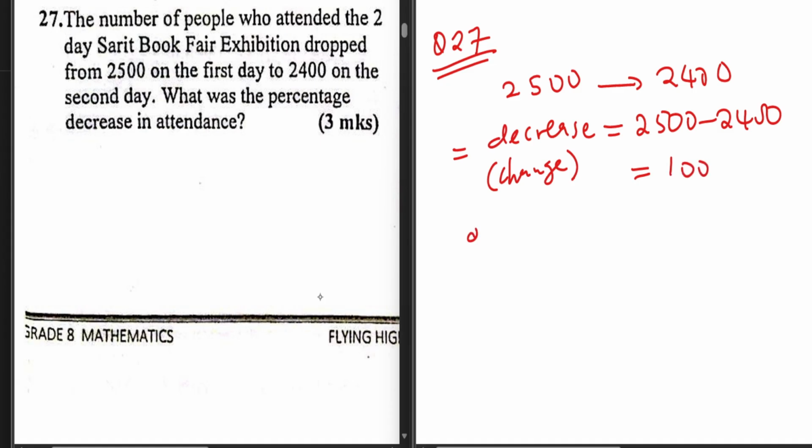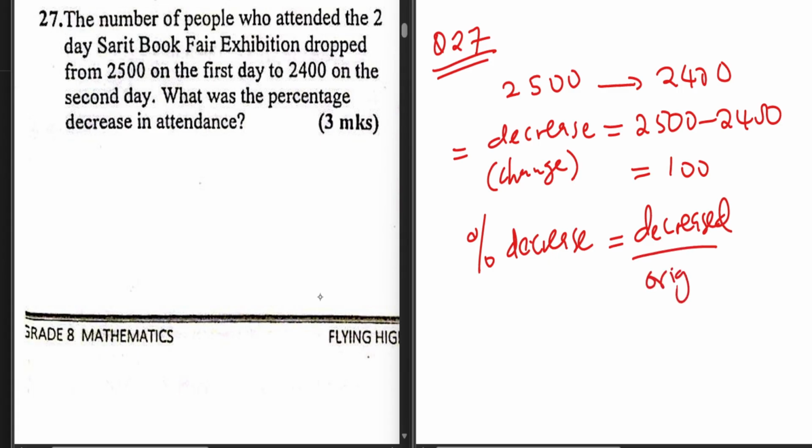Now if you want to get the percentage decrease or the percentage change, you basically take the decrease itself, how much it decreased, over the original value at that time, multiply by 100.